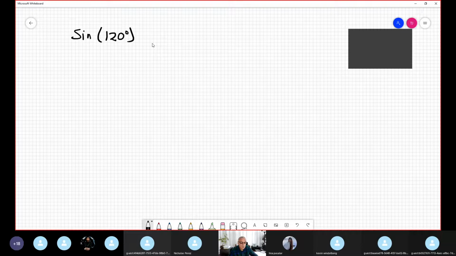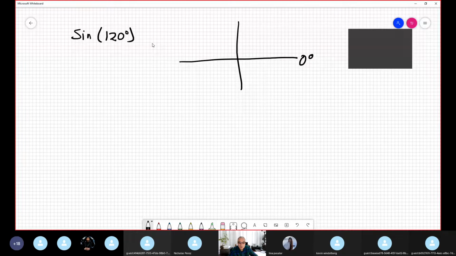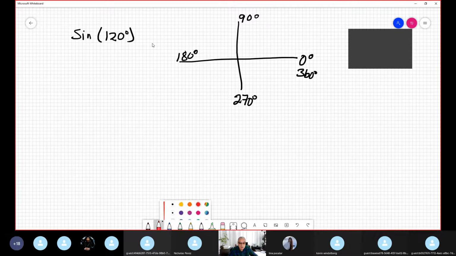Okay. 120 degree, you need to understand in what quadrant 120 degree lies. Remember, this is 0, this is 90, this is 180, this is 270 degree, and this is 360 also, no? 120 degree lies here in the second quadrant.